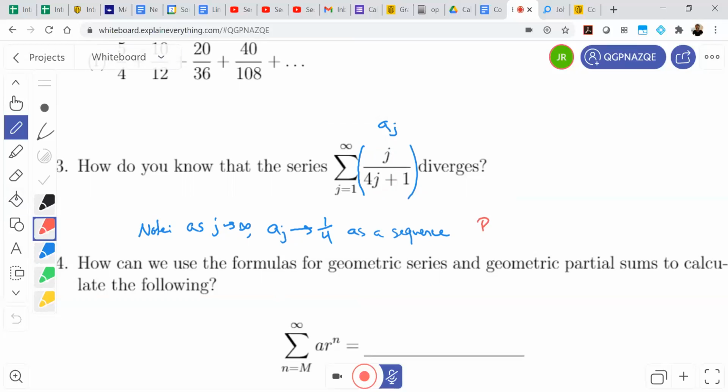So this means by the test for divergence, that entire expression, the sum of all these a sub j's, just cannot exist.